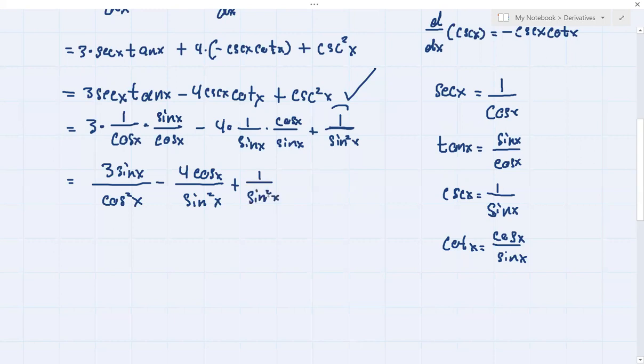We can still simplify this one. Bakit? Kasi itong last two terms, both of them are fractions. And not only that they are fractions, but their denominator are the same. Yung denominator nila ay magkaparehas. Sine squared x, sine squared x. So, ibig sabihin nun, both of them are similar fractions. Okay, similar fractions sila.